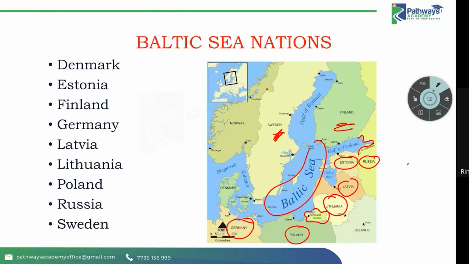Poland, Germany, and Denmark. These are the nations encircling the Baltic Sea. Norway is not present. Sweden, Finland, then Estonia, Latvia, Lithuania, then Russia, Poland, Germany, Denmark. You should look at the atlas because you should know how these nations are arranged in that region. Maybe there will be questions from this region.